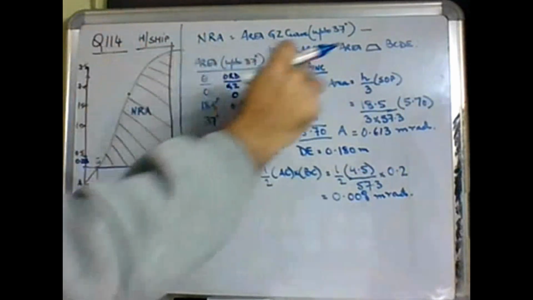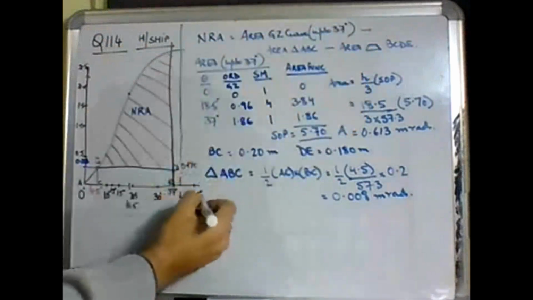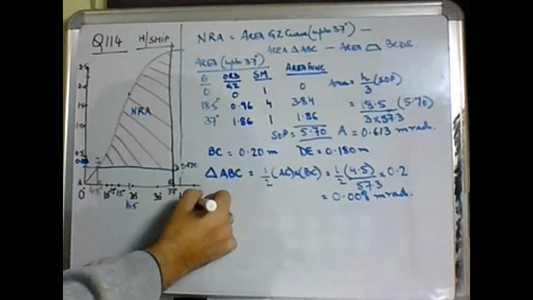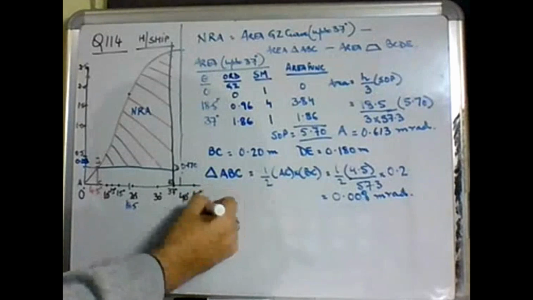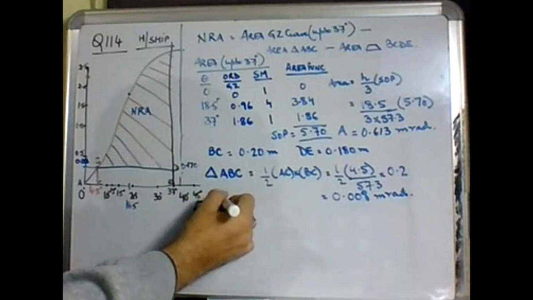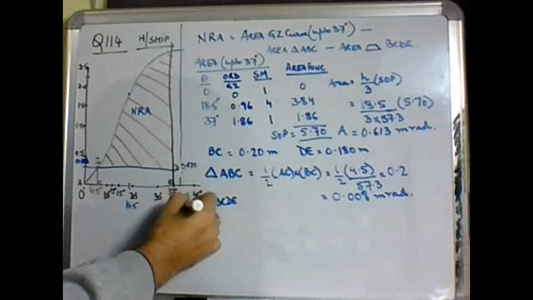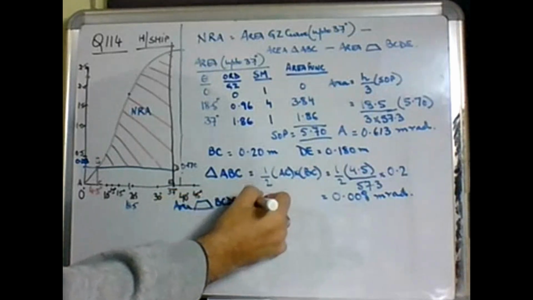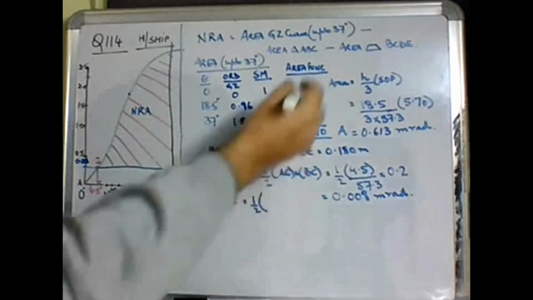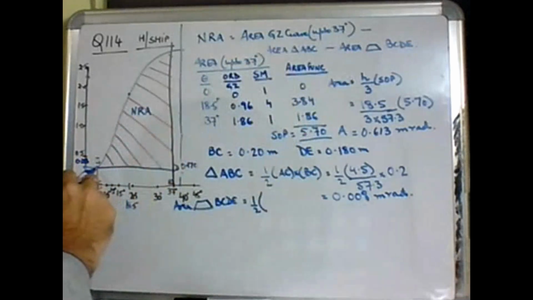ओके, अब मैं आ रहा हूँ एरिया ऑफ द ट्रेपेजियम BCDE। So area of the trapezium BCDE will be equal to half into sum of parallel sides. Which are the parallel sides in this?